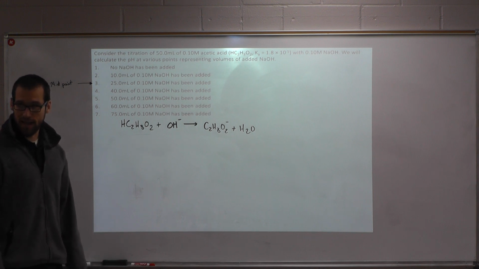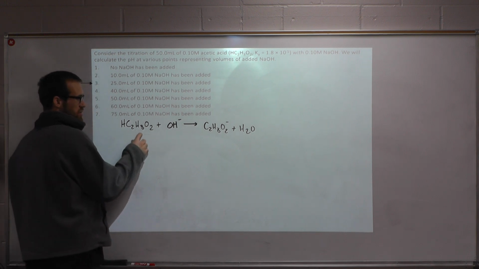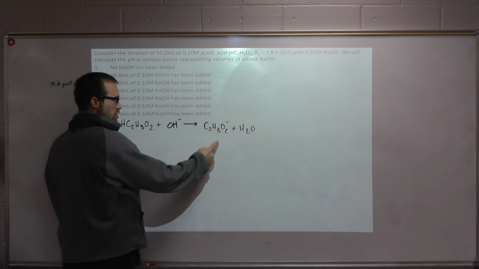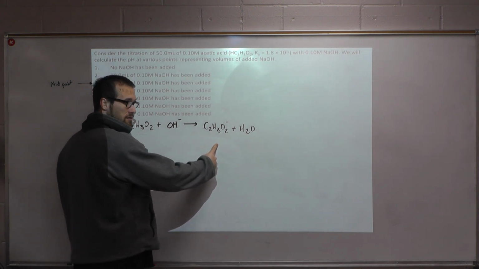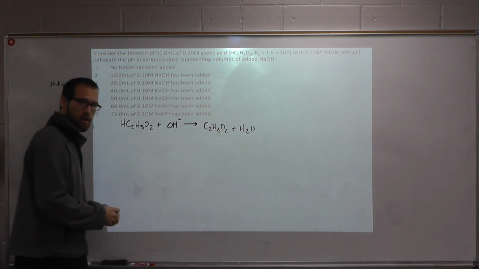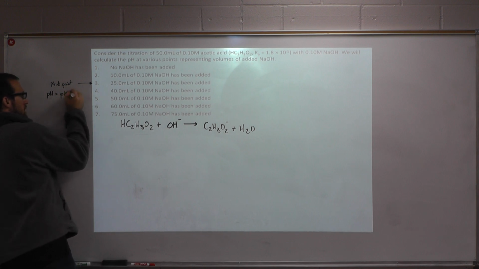Remember me stating that. If we have half the moles, then half of this will get reacted, leaving you with the other half in the base form, so that the ratio is what? 1 to 1. And when we're at the midpoint, we can assume that the pH equals the pKa.